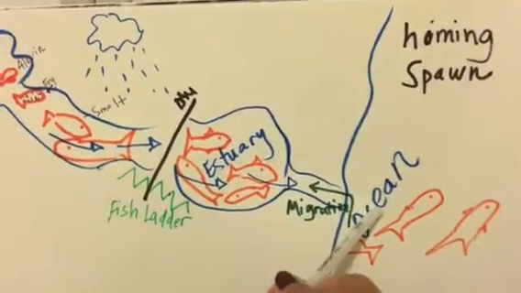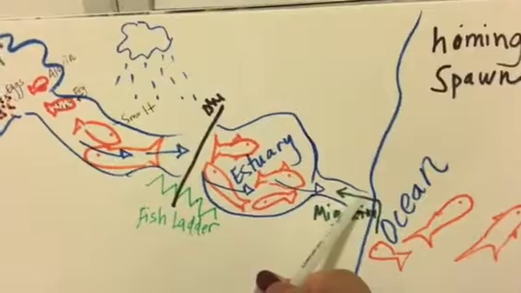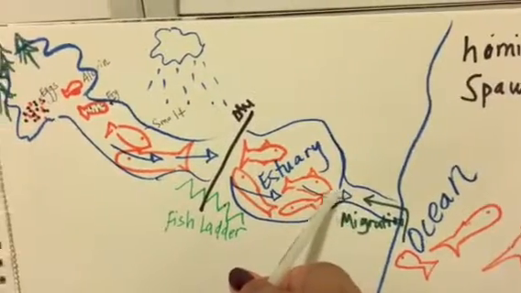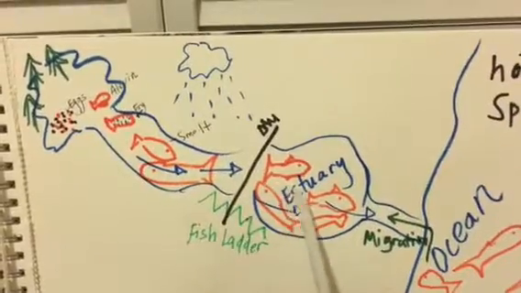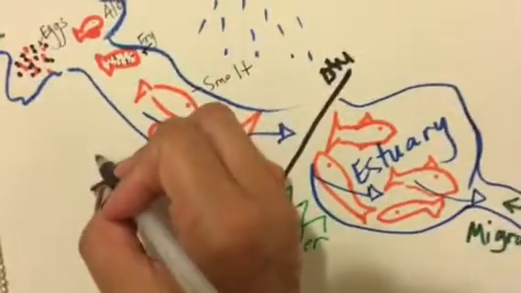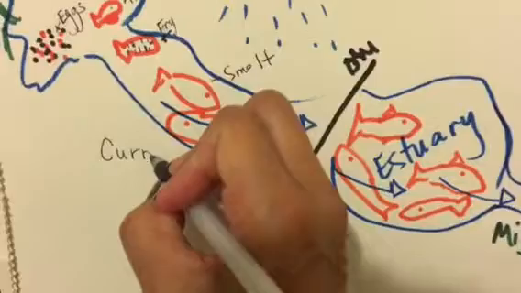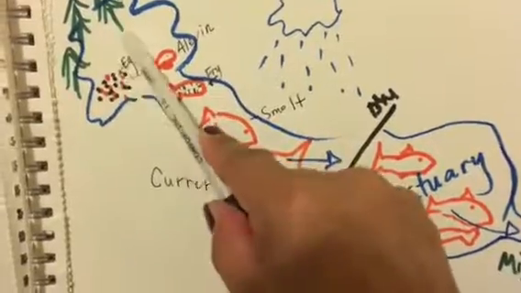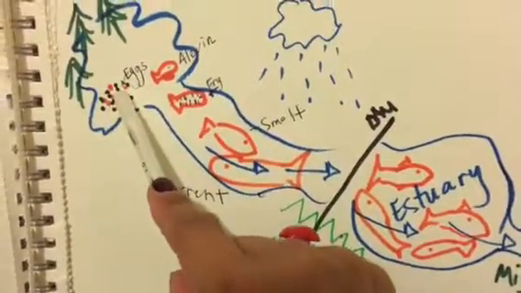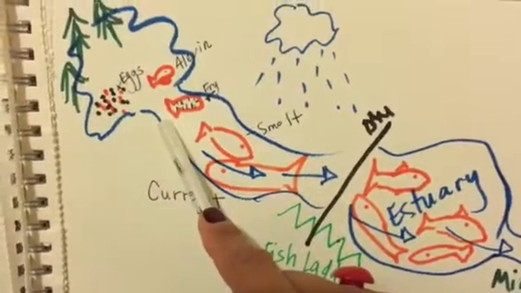They get the urge to come back to spawn, to now lay their eggs. They go back the other direction against the current. So I want you to write current right here, C-U-R-R-E-N-T. And back to that pool where they were born to then lay their eggs and start all over again.